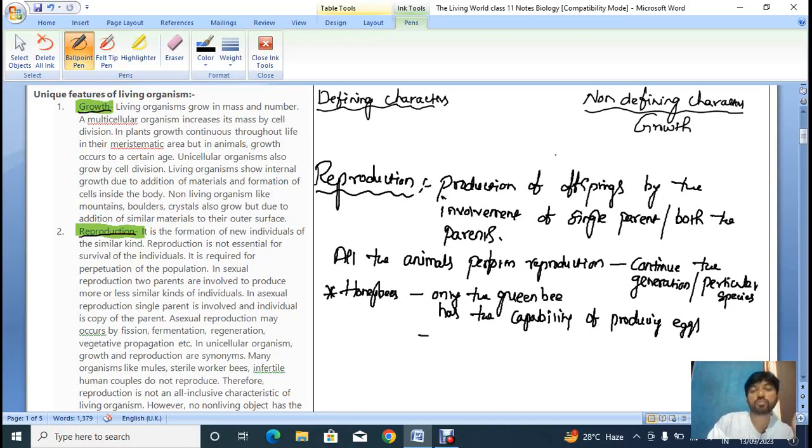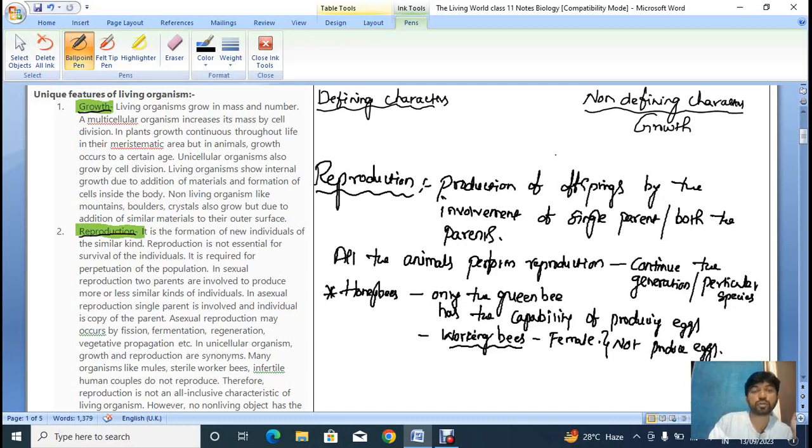Then what about the working bees here? Working bees, which are also female, but they won't produce eggs. Then whether the working bee is not a living being, it's a living being, right?